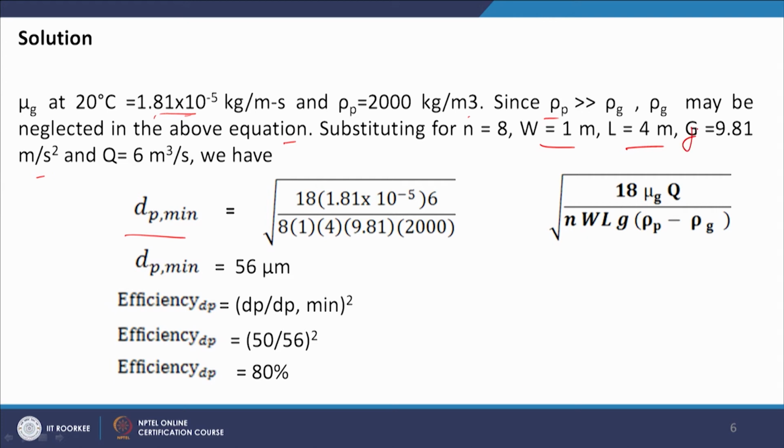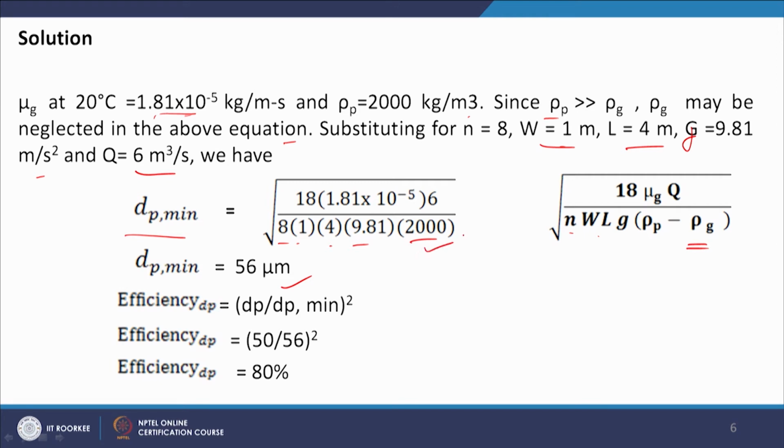So, we have dp minimum equal to 18 into 1.81 into 10 to the minus 5 (mu g) into Q, which is 6 meter cube per second. From the denominator we have n equal to 8, W is 1 meter, L equal to 4, so 1 into 4 into 9.81 g, and as rho g is much less than rho p, it can be neglected, so we get 2000.